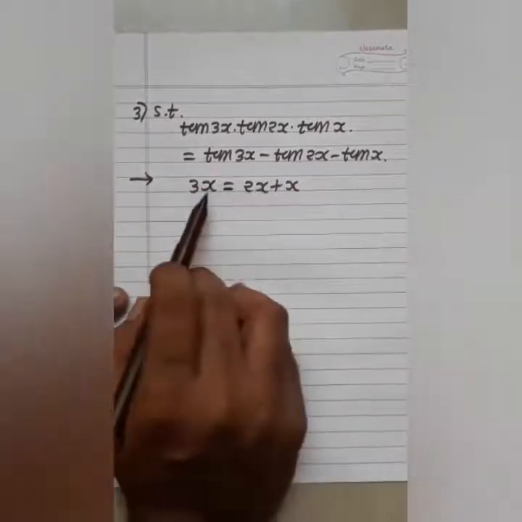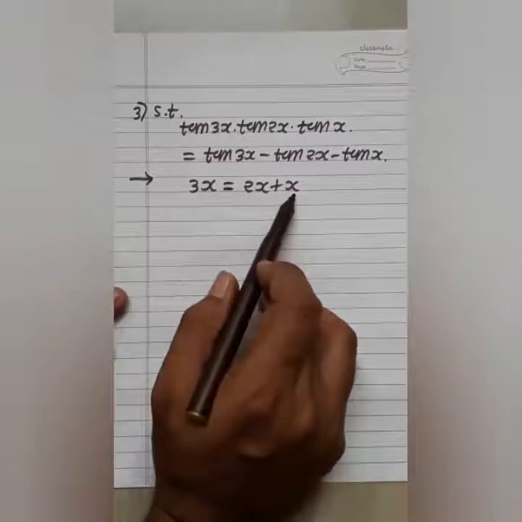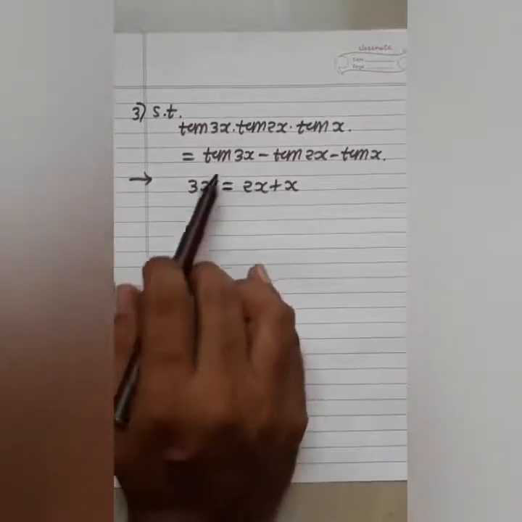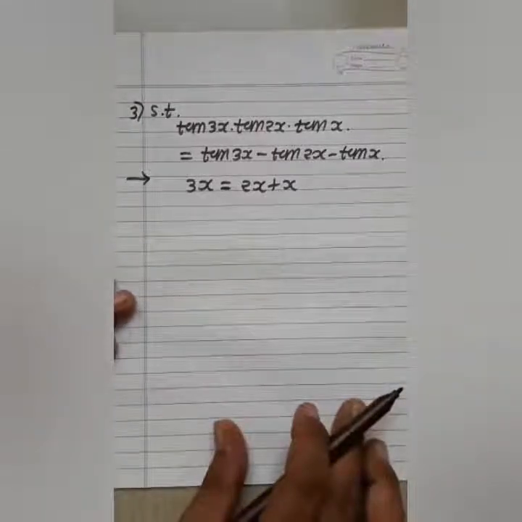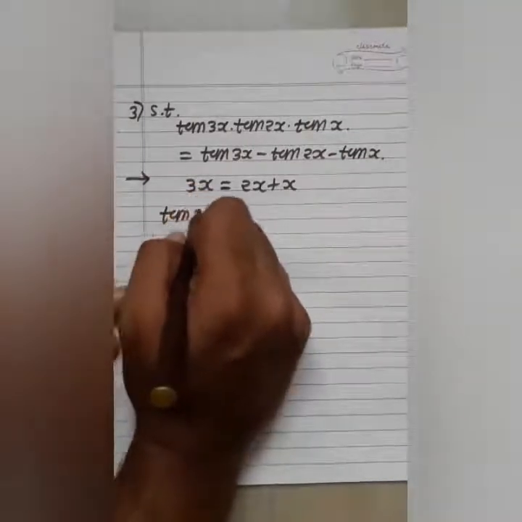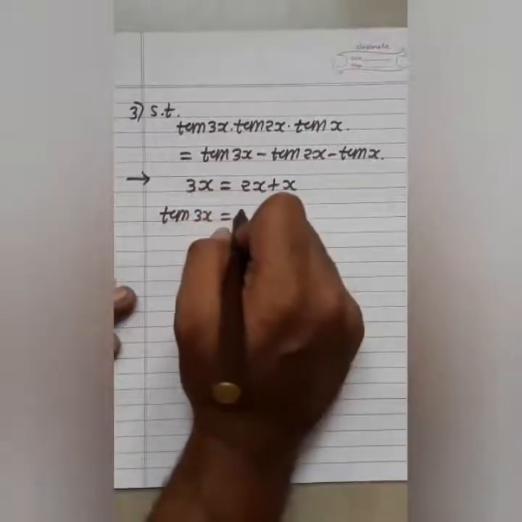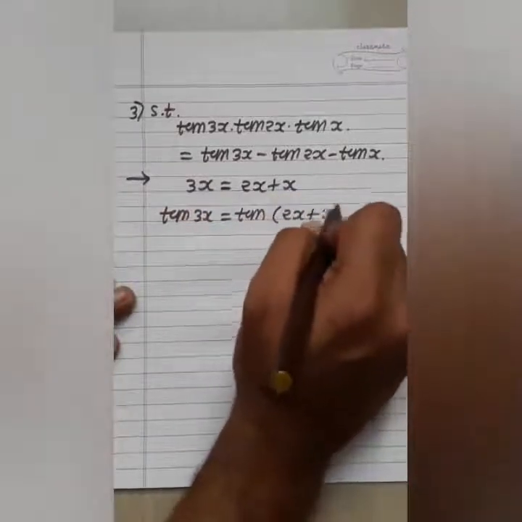In another way also, we can write 2x is equal to 3x minus x, so again we get the same answer. So 3x is equal to 2x plus x. Now after applying tan on both sides, tan 3x is equal to tan of bracket 2x plus x.